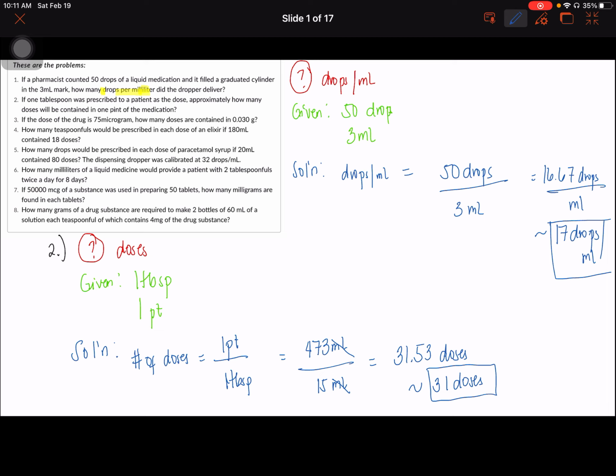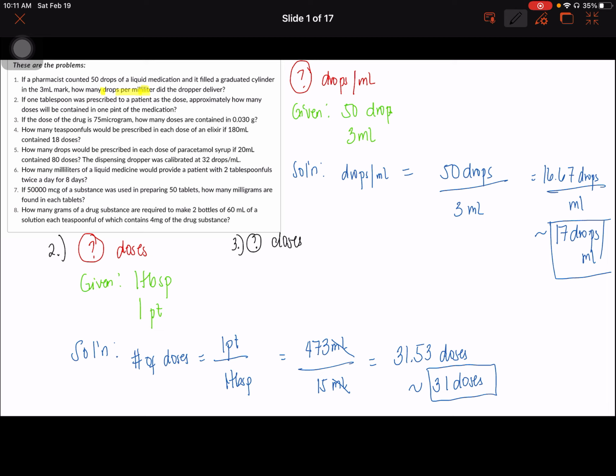Next, number 3. If the dose of the drug is 75 micrograms, how many doses are contained in 0.030 gram? Same thing, what is being asked here is the number of doses.